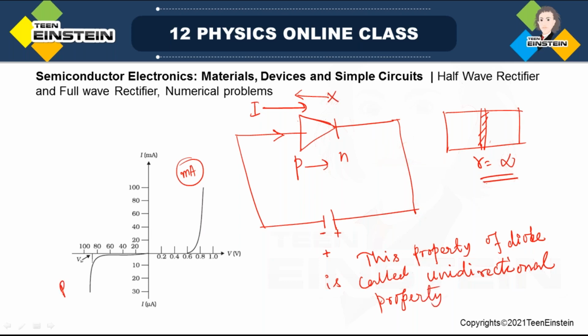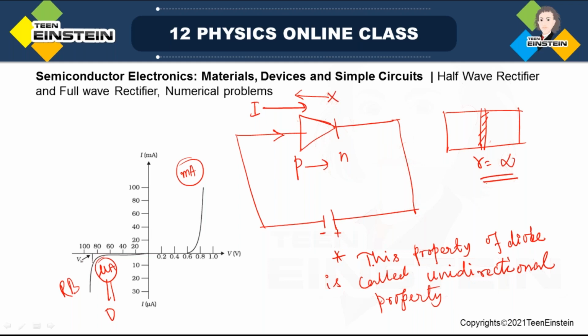You might be thinking, sir, there is current in the reverse bias also. Why do you say there is zero current? See, the current here is of the order of microampere. If you go for any practical application, this microampere current is of no use. That's why it is as good as zero current. So that's why we consider that an ideal diode can conduct only when it is forward biased.